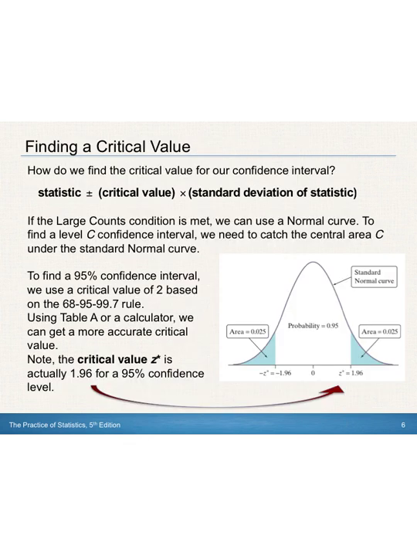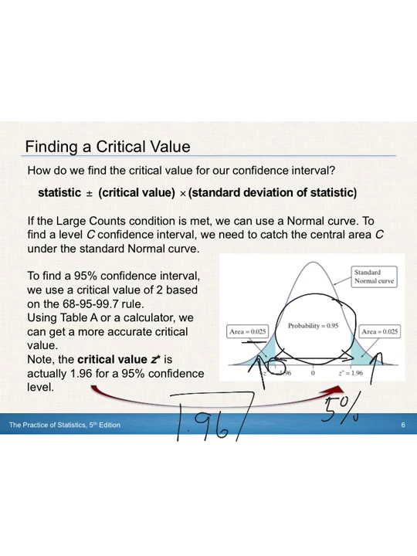Finding a critical value, this one, for example, asks us to look at 95. We've done this several times in class. If 95% is covered by our interval, then that means that there's 5% that's split between these two sides. So we would go ahead and find the z-score for 0.025 or 2.5%, and that would be 1.96.